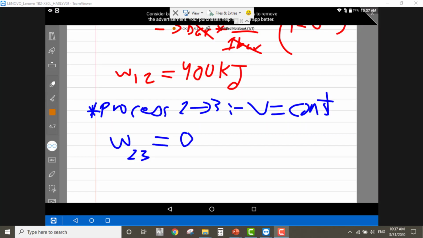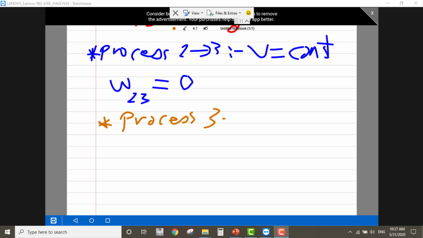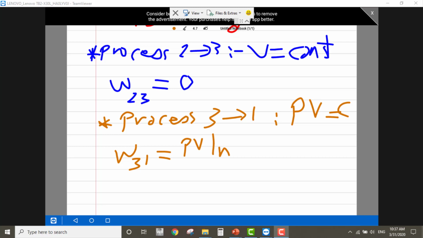Let's see the final process. So now process 3 to 1. What do we have? PV equal constant. So PV equal constant means work 3 to 1 equal to PV ln V final, which state is final state?